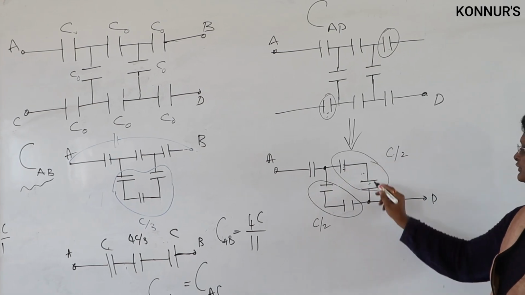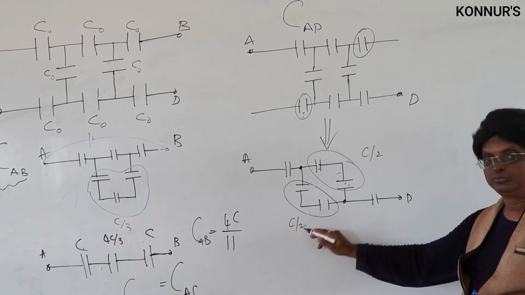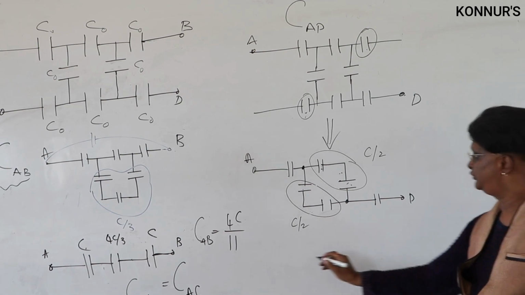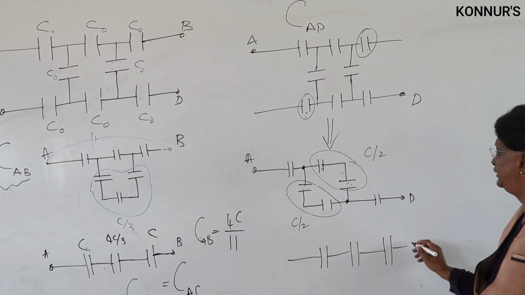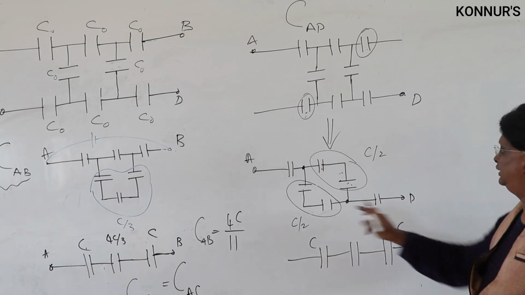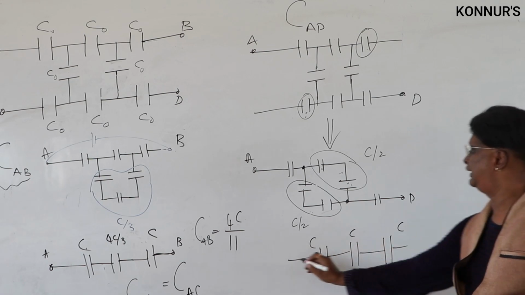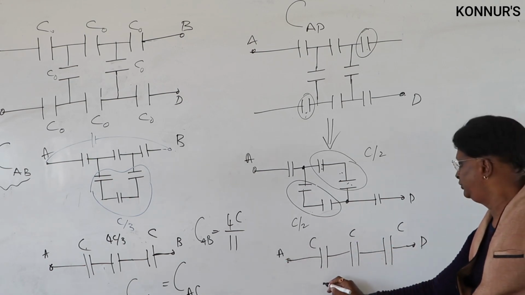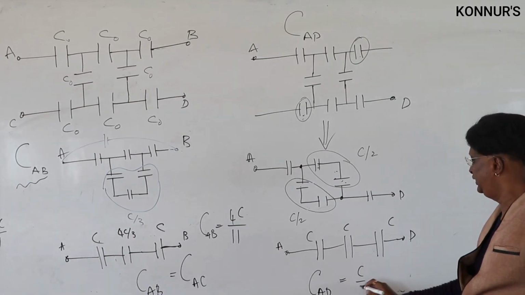C by 2 and C by 2 parallel, add, we get C again. So this is point A and D. So what will be C effective across AD? It will be C by 3.